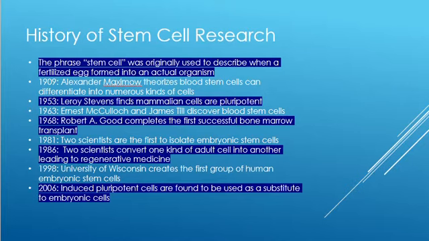Then in 2006, two Japanese scientists announced that they made induced pluripotent stem cells, which essentially meant that they could manipulate adult stem cells to act as embryonic stem cells, which opened the door for much more to be done in the medical field regarding transplants.